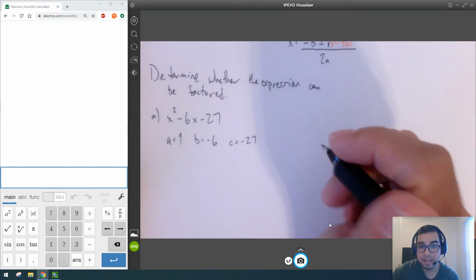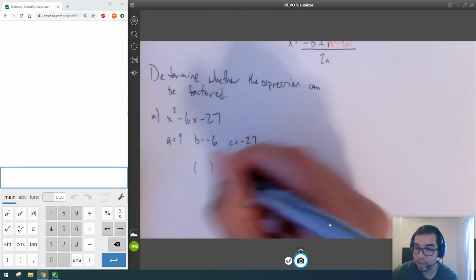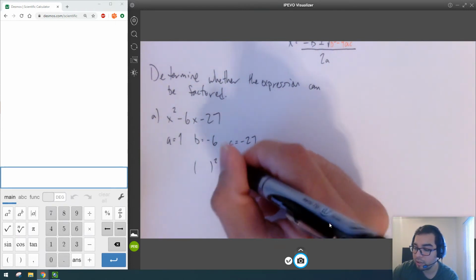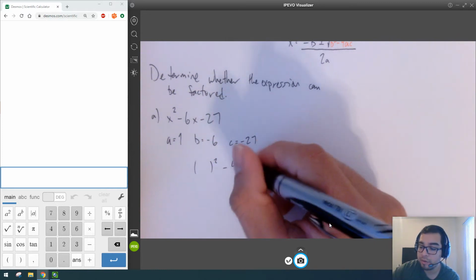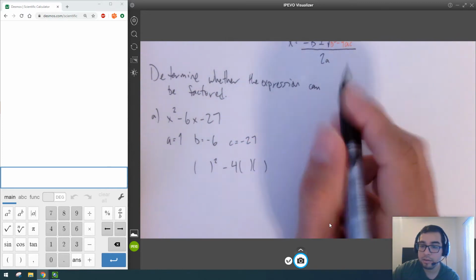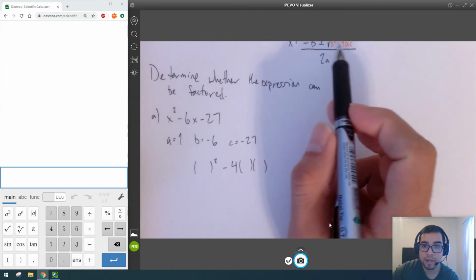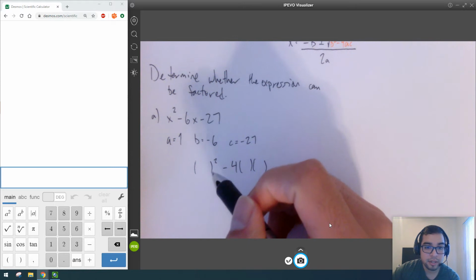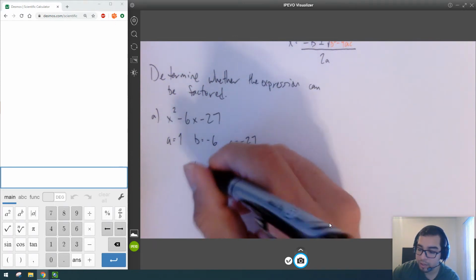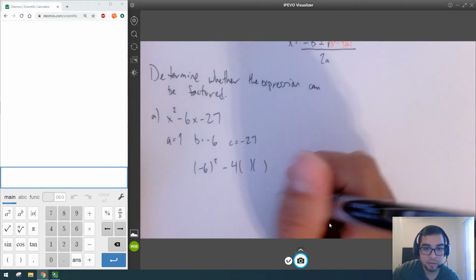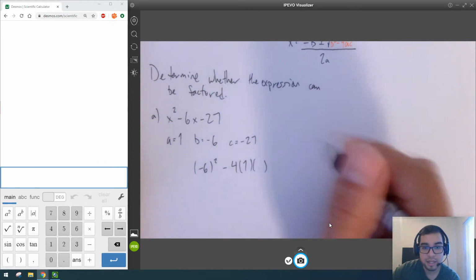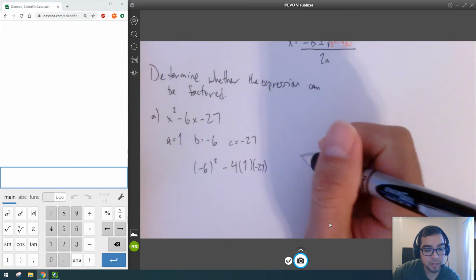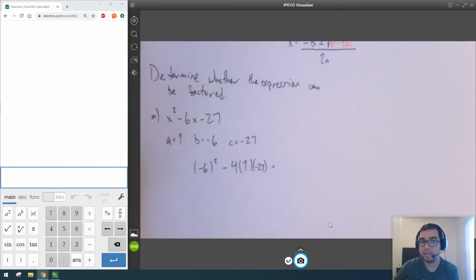Now that I have that, I'm going to use my discriminant. I'm going to put parentheses wherever a variable goes from my quadratic formula, wherever a, b, and so forth goes. Since it's b squared, in here is going to be (-6) squared minus 4 times a, which is 1, times c, which is -27. Let's calculate what this equals.